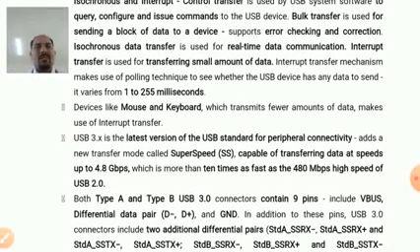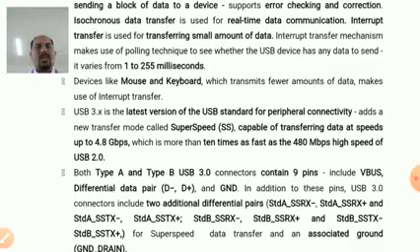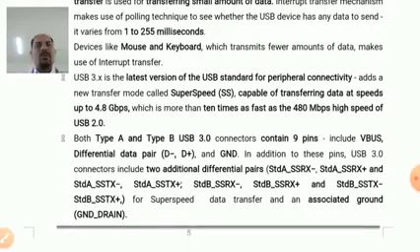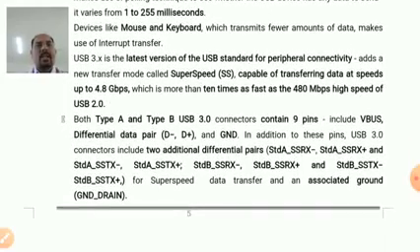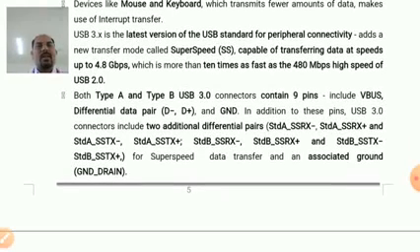USB 3.x, any version, is the latest version of the USB which is used for peripheral connectivity. It uses the new transfer mode called super speed, capable of transferring data at speeds up to 4.8 gigabits per second, which is 10 times as fast as the 480 megabits per second high speed of USB 2.0. Type A and Type B USB 3.0 contain 9 pins, including VBUS, differential data pair D minus, D plus, and ground.